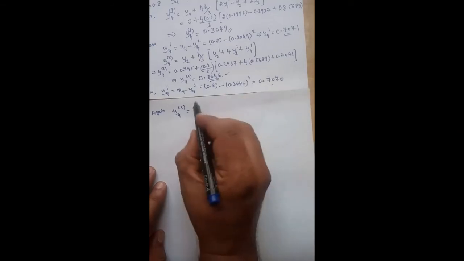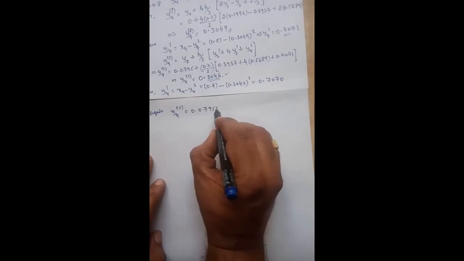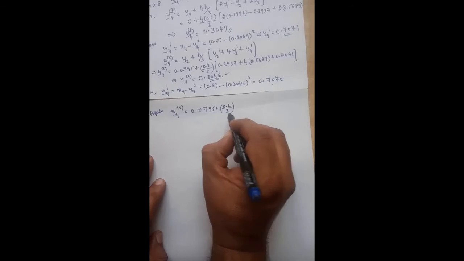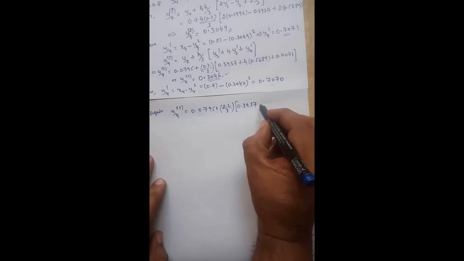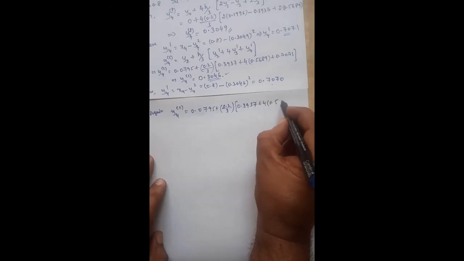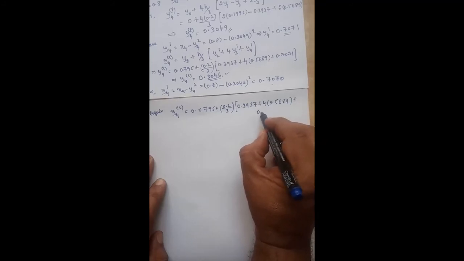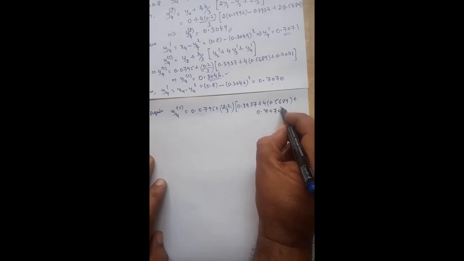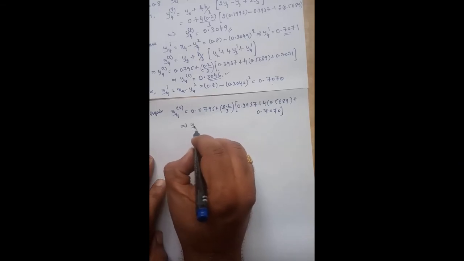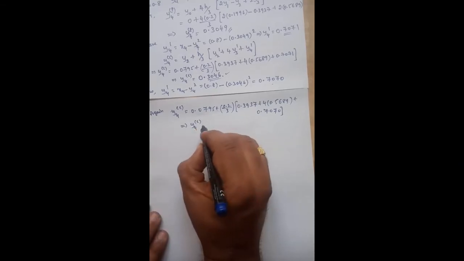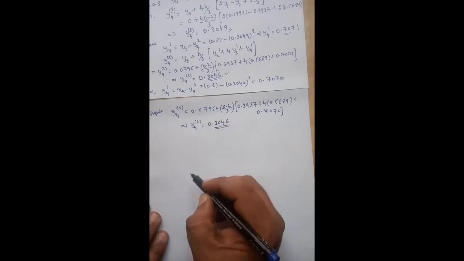So we'll repeat now. 0.0795 plus 0.2 divided by 3 into 0.3937 plus 4 into 0.5689 plus 0.7070. So use your calculator and simplify this. We get y4 power c is equal to 0.3046.